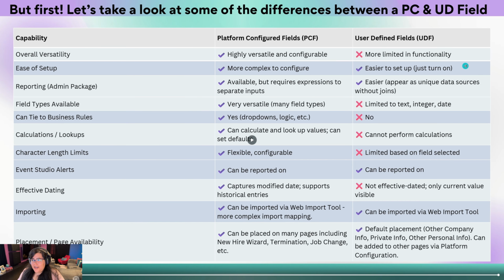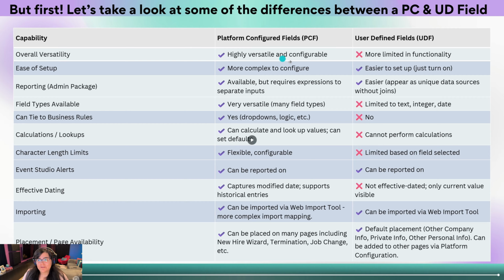The high-level items here, the big differences: user-defined fields are very limited to either text, integer, or date options, and you have a limited number that you can actually use. Now, the reason people tend to use user-defined fields over platform configured fields is because of the reporting ease that you get from them.